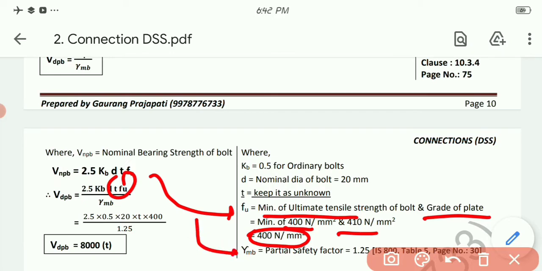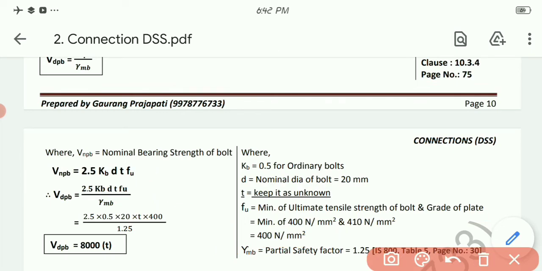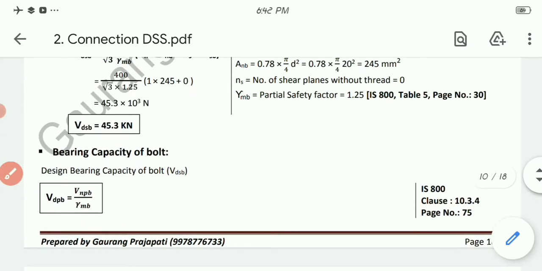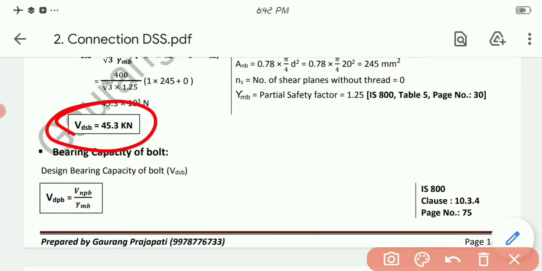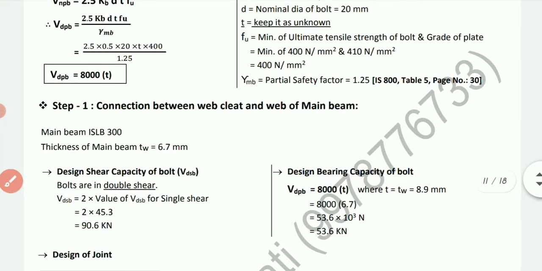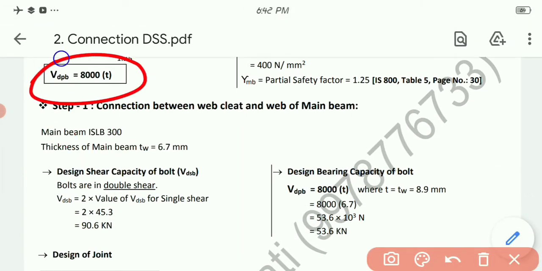And gamma MB, the partial safety factor, is 1.25. Clear? So now put down all these values. 2.5 times kb 0.5, diameter 20, thickness unknown, FU 400, and gamma MB 1.25. Simplifying this term we get the value 8000 multiplied by t. So we got VDSB as a single value, 45.3 kilonewton, and VDPB as 8000 into t. Okay, so now let's start the design.